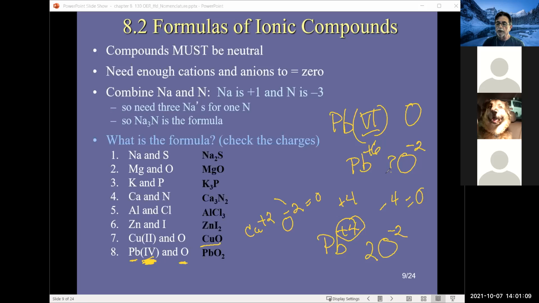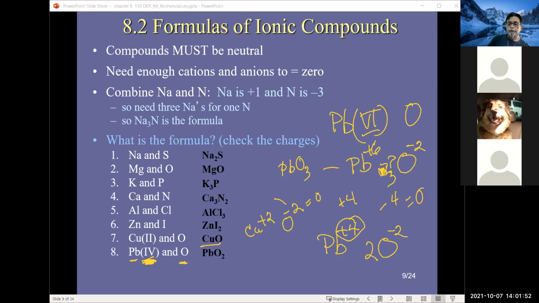How many of these do I need to balance out the +6? What do you think? Anybody have an idea? Wouldn't I need 3 of them? Wouldn't I need 3 oxides? 3 times -2 is -6, and that balances it out. So now, in this example, my formula would be PbO3, because I needed 3 oxygens to balance out the +6 of the lead.